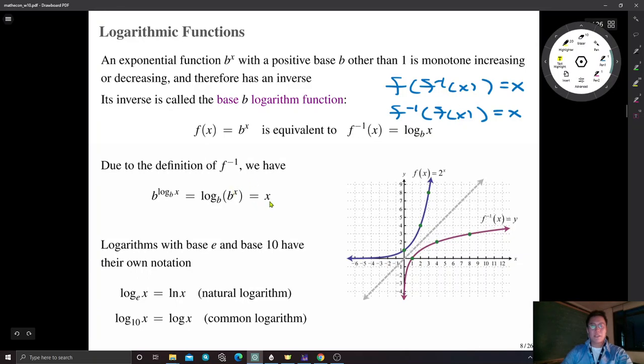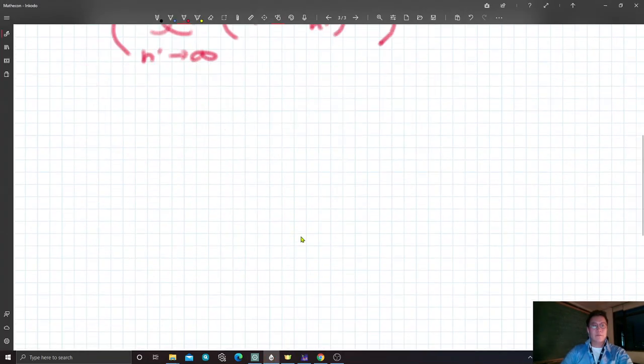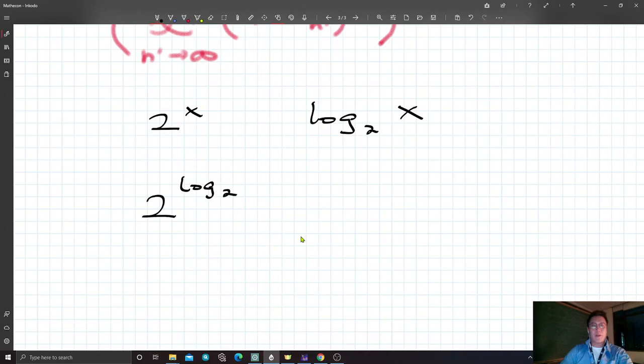That is going to be x. So if we have 2 to the power x and log with the base 2 of x, then 2 to the power log with the base 2 of x, whenever these two bases are matched, is just x.